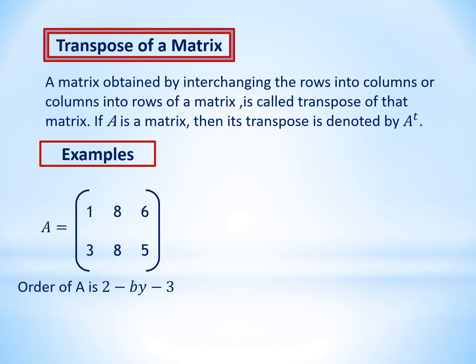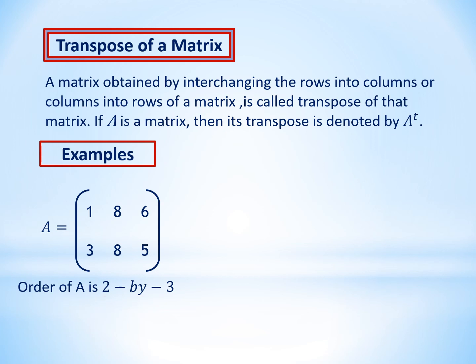For example, we have matrix A. It has one row and the entries of this row are 1, 8 and 6. This is row number 1. And second, row number 2, and its entries are 3, 8 and 5. And its order is 2 by 3.